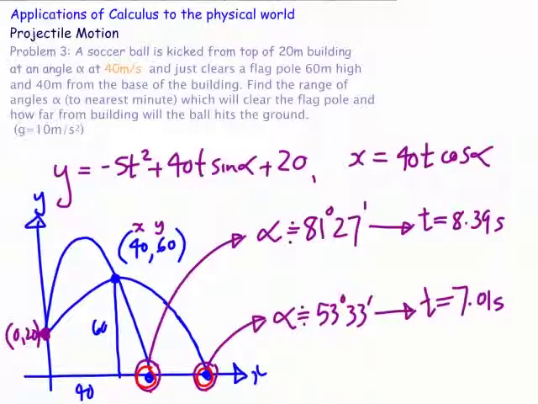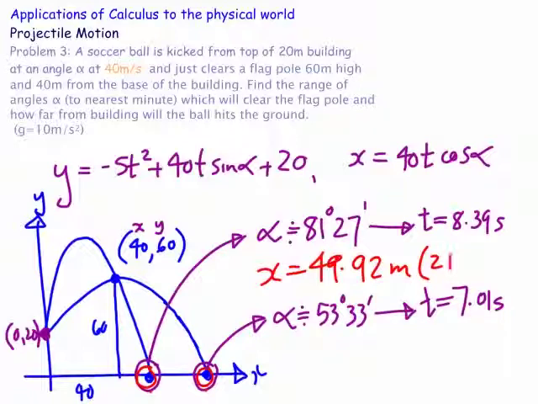After we substitute the angles and the time into the x position, we'll get our displacements on the ground. The first one is x equal to about 49.92 meters, to 2 dp. If you have a quick look down here, that should be roughly 50 meters, so that's where that one lands.